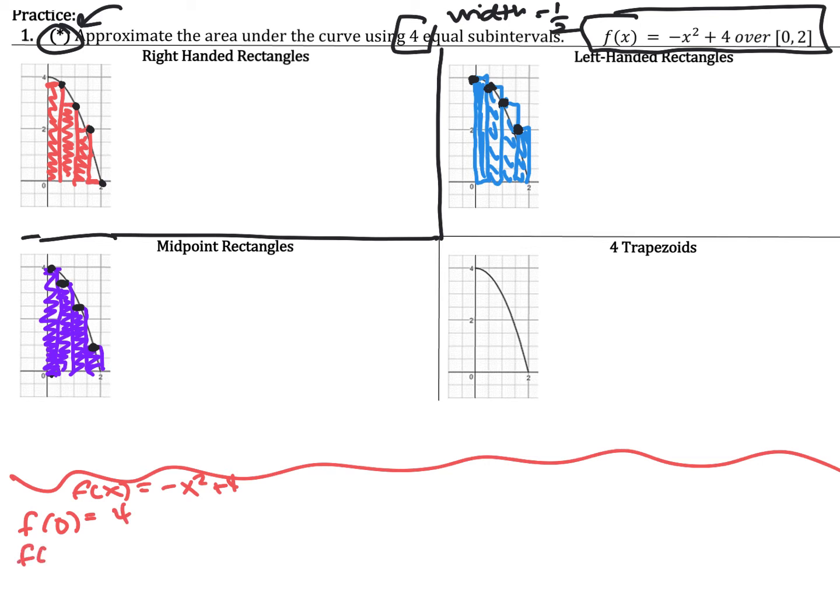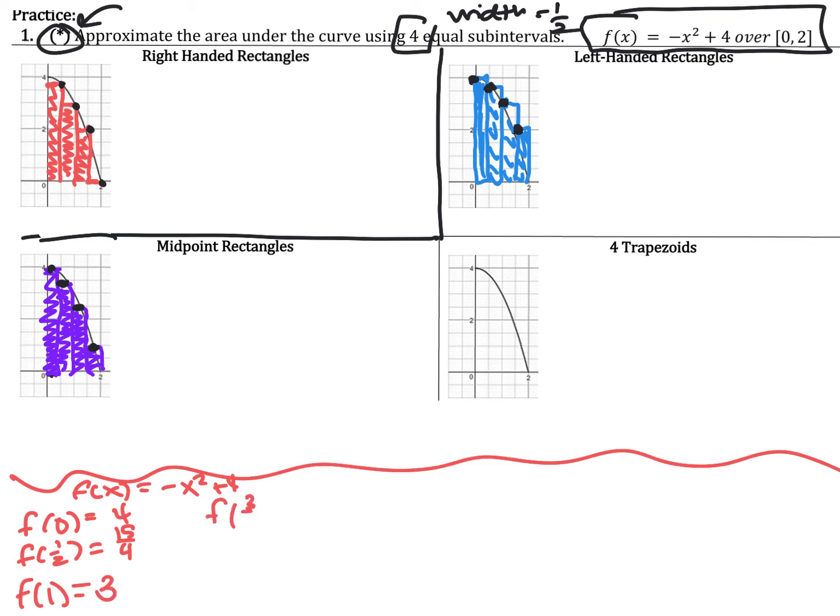If I plug in 1/2, because that's the first line in the graph, I get 3 3/4, or 15/4. If I plug 1 in, I get negative 1 plus 4, which is 3.